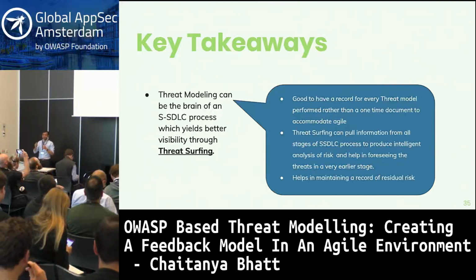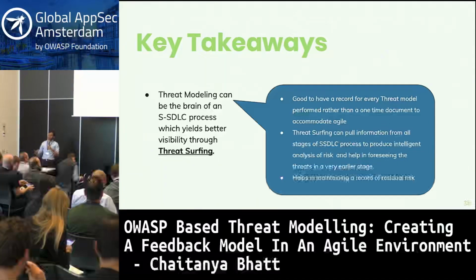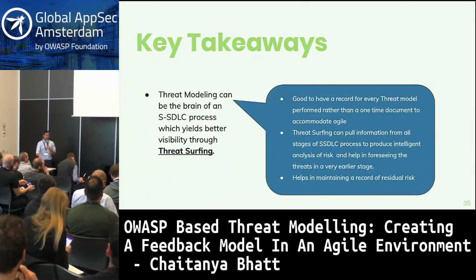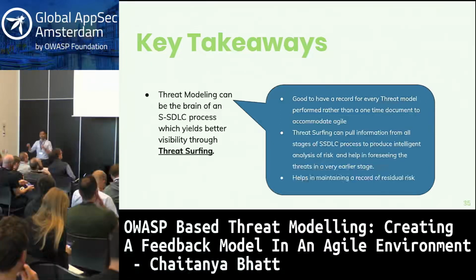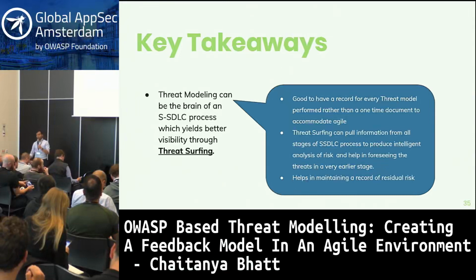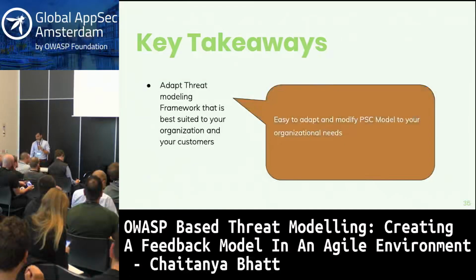The traditional way of threat modeling is we write a 40, 50, 60 page document and just hand it over to the developer teams. How do we keep track of it? We need tools like threat surfing that help us create and maintain those records. That is how we'll fit in well with the agile world and identify the residual risk from each and every step.